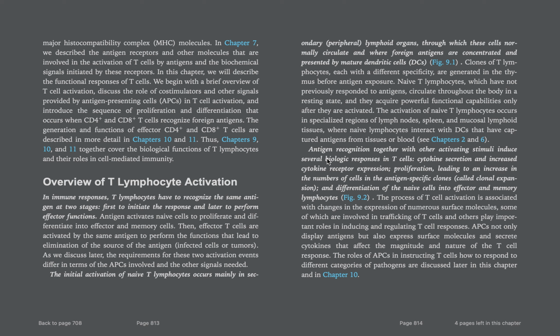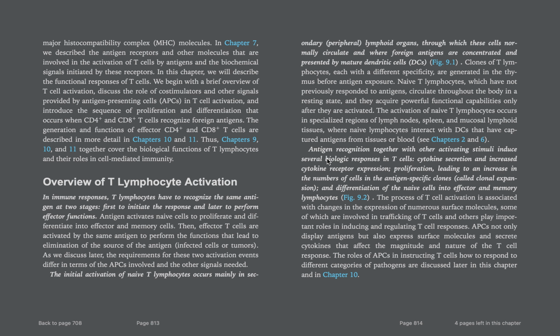We begin with a brief overview of T cell activation, discuss the roles of co-stimulators and other signals provided by antigen-presenting cells, the APCs, in T cell activation, and introduce the sequence of proliferation and differentiation that occurs when CD4 plus and CD8 plus T cells recognize foreign antigen.